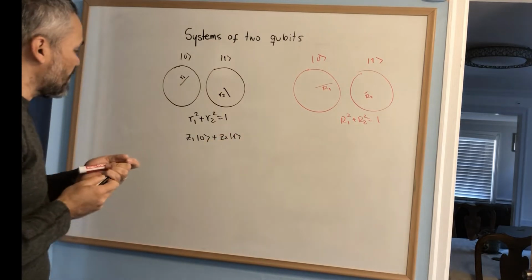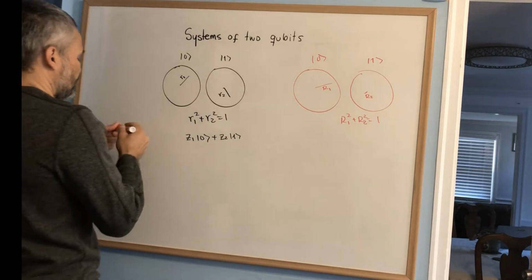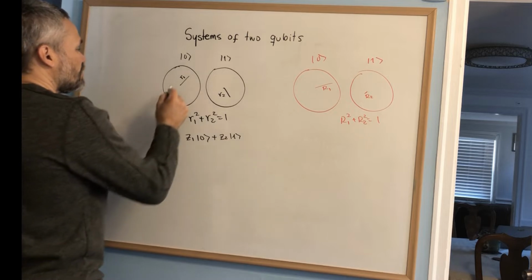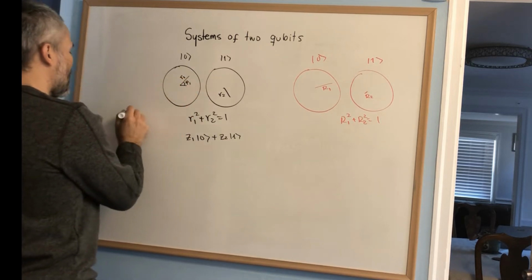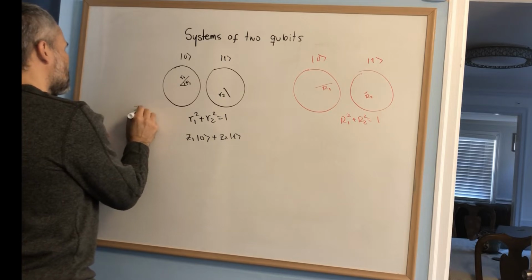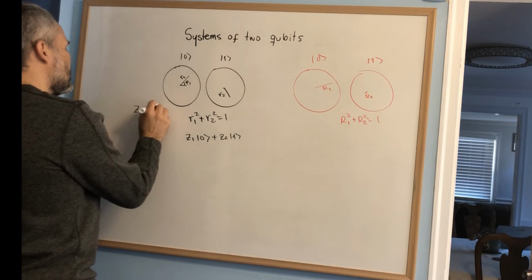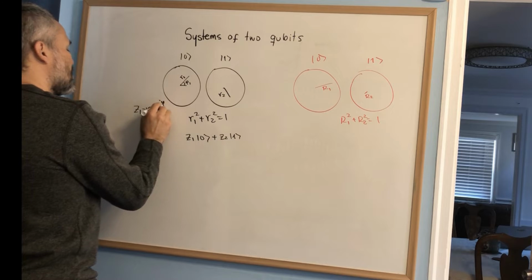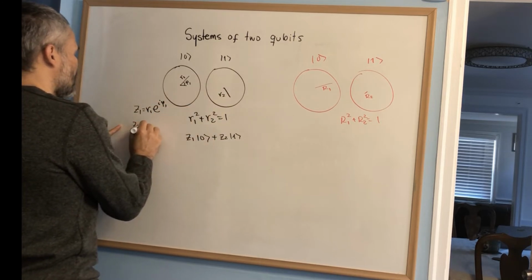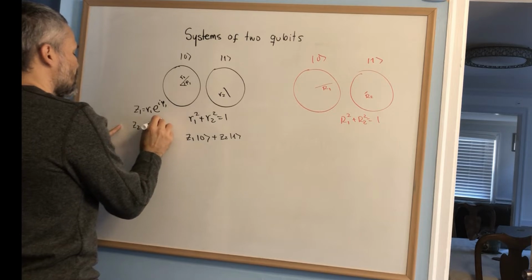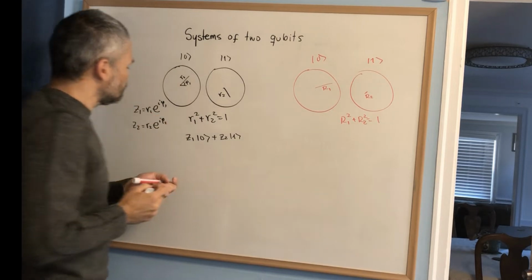Notice that we can be more precise. If this angle here is phi sub 1, then C1 is just R1 e to the i phi sub 1, and the same thing for C2 would be R2 e to the i phi 2.